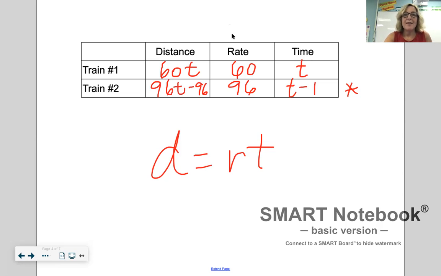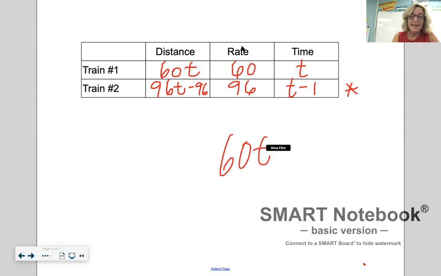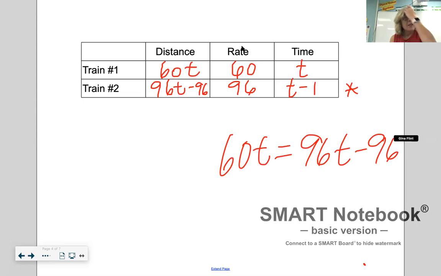Okay, let me just erase a little bit. Because we're trying to find when they catch up, that means they will have traveled the same distance. So we could establish an equation where the first train, 60t, is equal to the second train, 96t minus 96. Now we have one variable, t, and we want to isolate it.